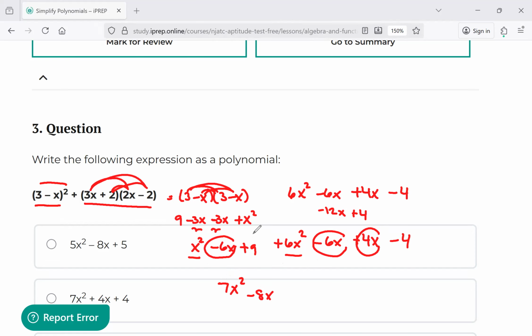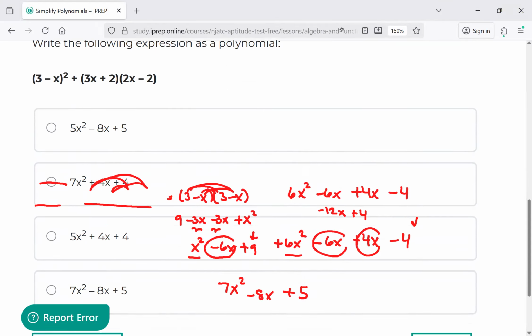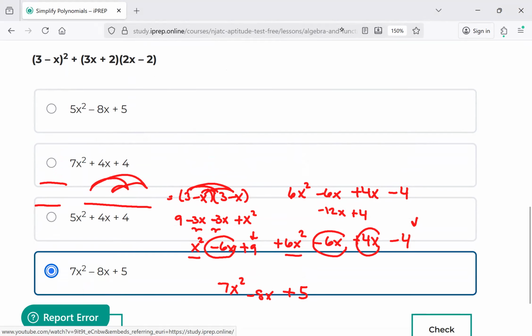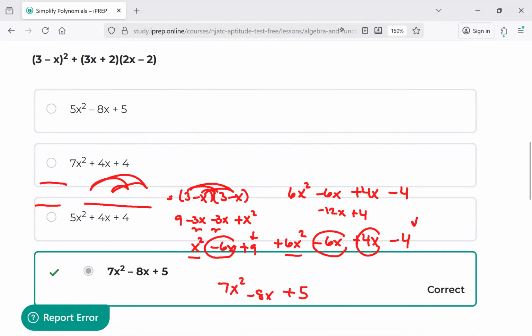And then our constants are 9 and negative 4. So 9 minus 4 is 5. So the final answer is 7x squared minus 8x plus 5, which is, if we have it, there we go. The last choice. Good.